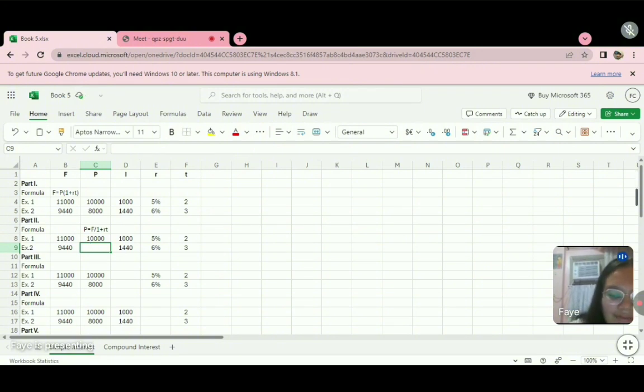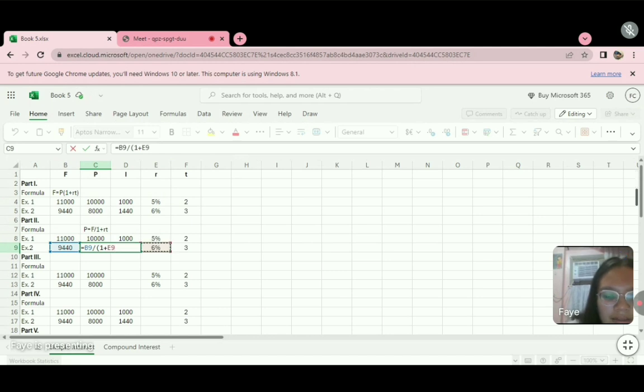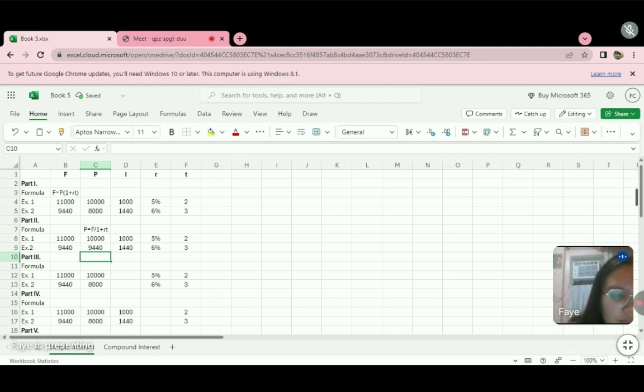Next, we have P equal to the future value over quantity 1 plus R multiplied by T. Oh, sorry.